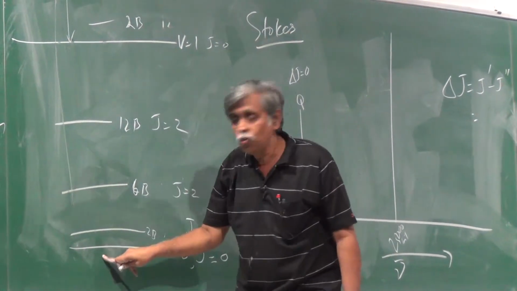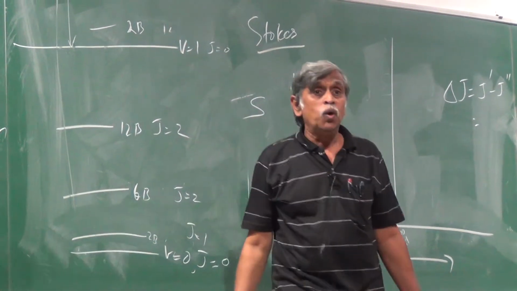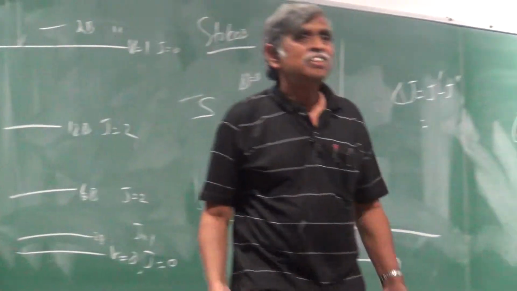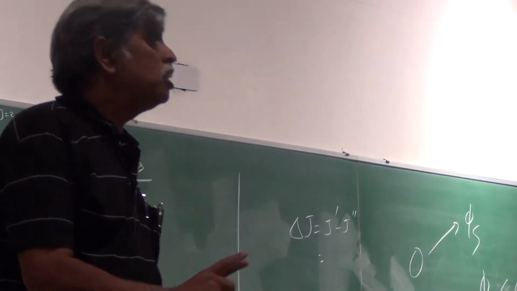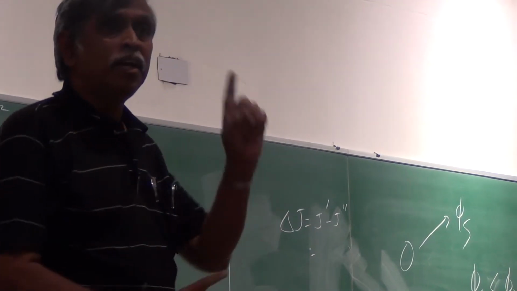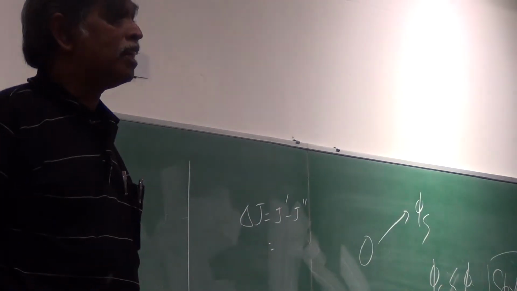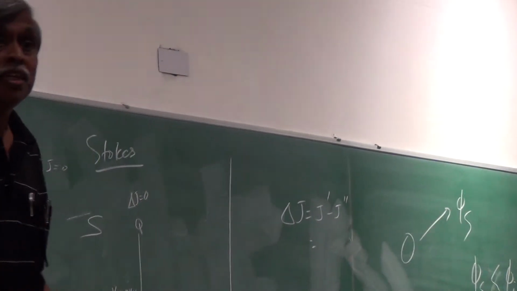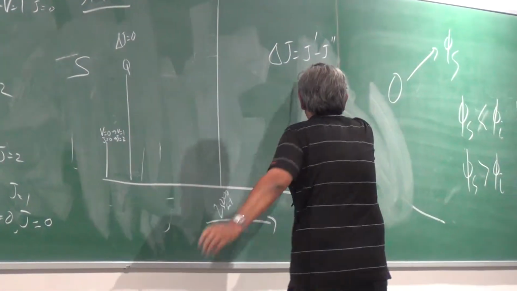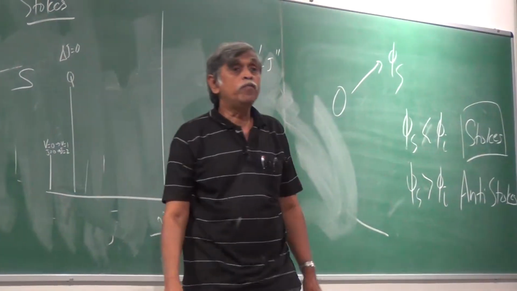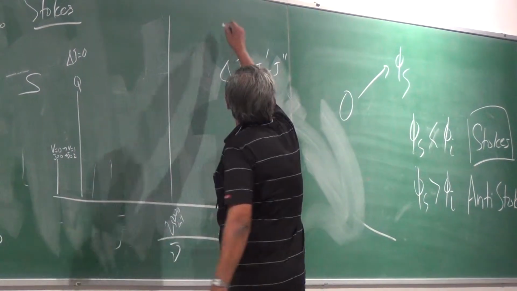All the way down into V equal to 0, J equal to 0. What is delta J? 0. But what's my frequency of the scattered radiation relative to the frequency of my incident radiation? Greater or less? Greater. Therefore, what is it? Anti-Stokes. And where is it going to come? On this side. The Q branch of the anti-Stokes is going to be here.